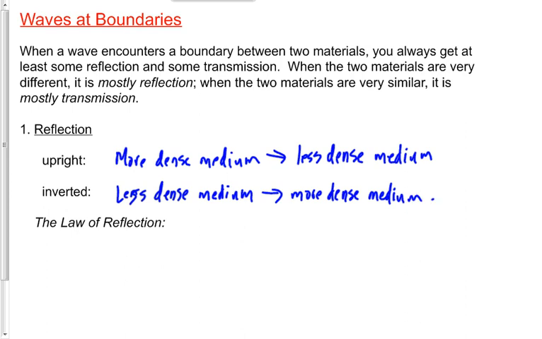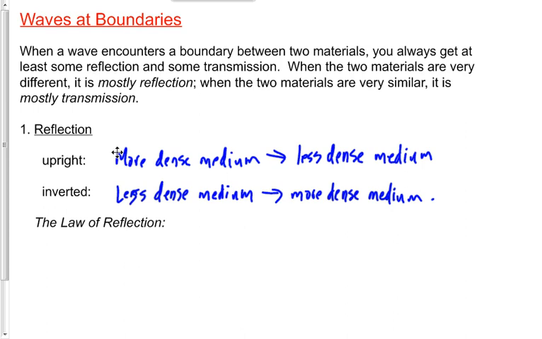Now, the way this normally manifests itself is this. When the slinky, or whatever it is that's carrying the wave, is fixed at the other end, then it's going to be reflected upside down because normally it's going to a more dense medium. If you attach a slinky to a wall, the wave is going to reflect upside down because it's attached to the wall. It's going to a more dense medium.